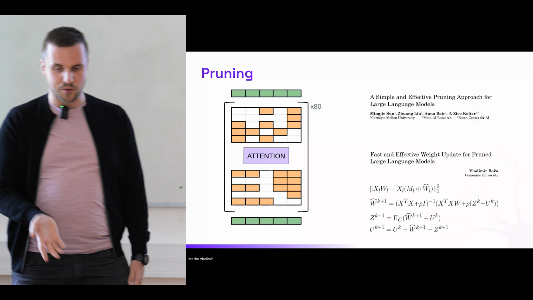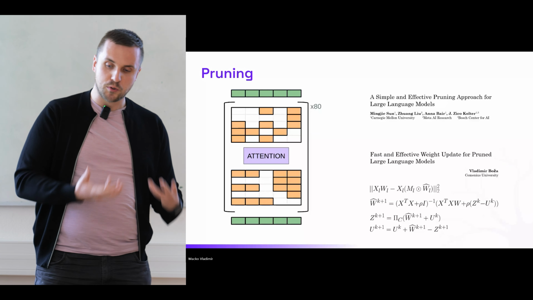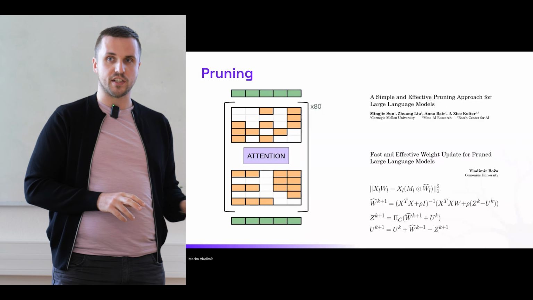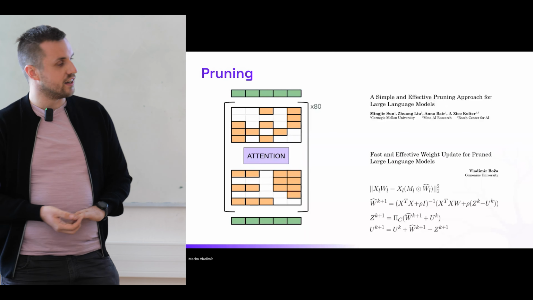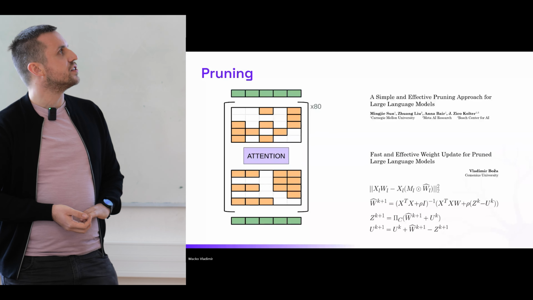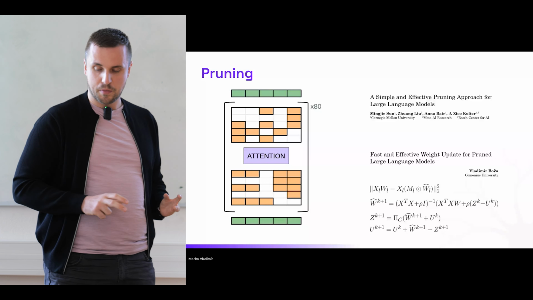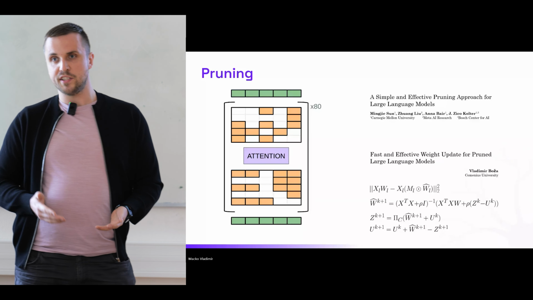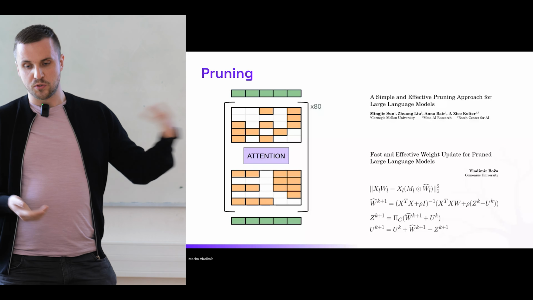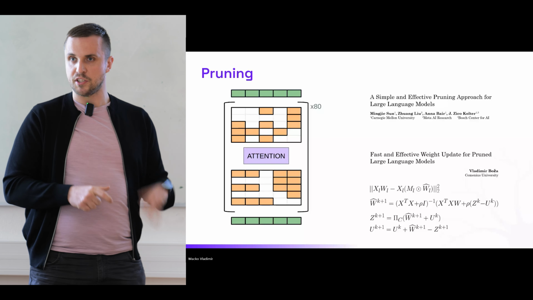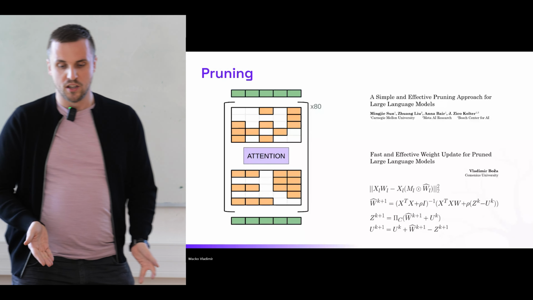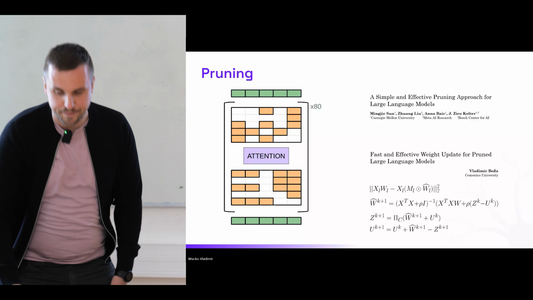Given the sparsity matrix, this optimizer gives you an update rule on how to update the weights to get guaranteed convergence for that particular step. You update the weights, and then you use the previous paper, Wanda, to adjust the sparsity mask. And you iterate this until you're happy with your model, or you reach the desired level of sparsity.